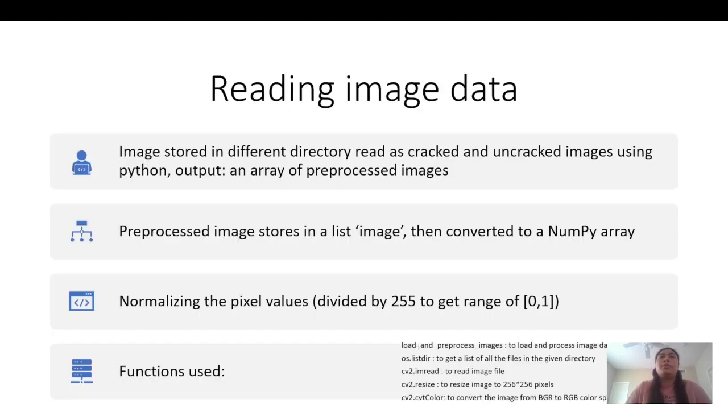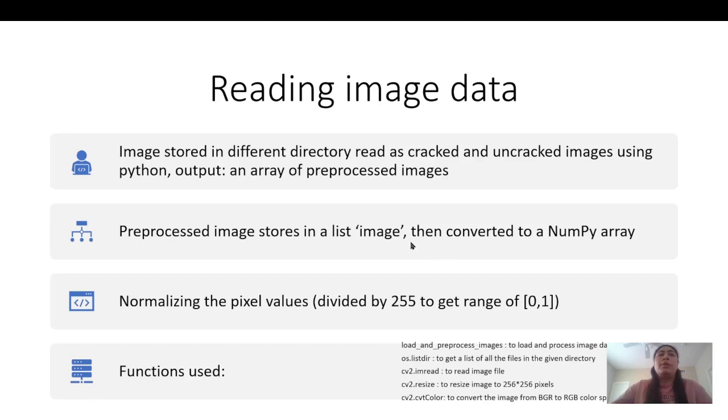So starting with reading data, my image data are stored in two different directories, cracked and uncracked. I have used the function load and process image to load the image, and the CV2 image reader helps to read the loaded image. And for resizing I have used cv2.resize, and for changing the color I have used cv2.cvtColor.